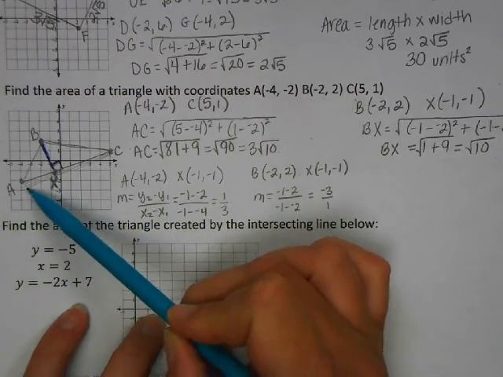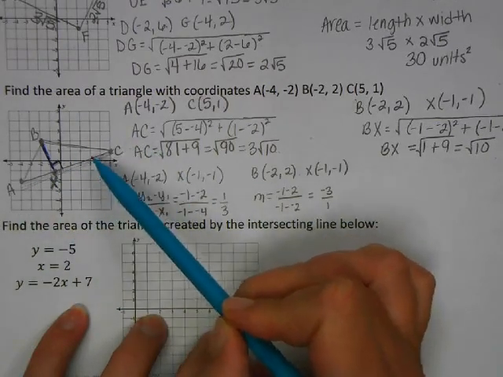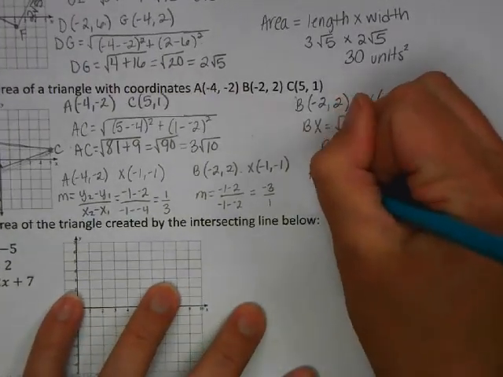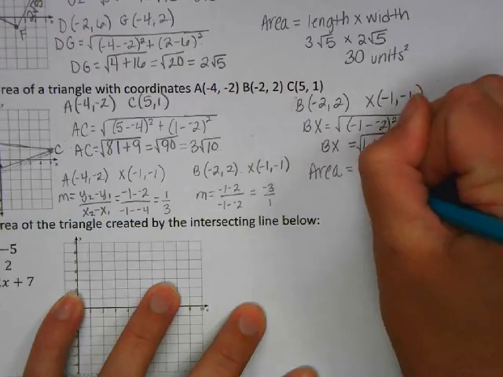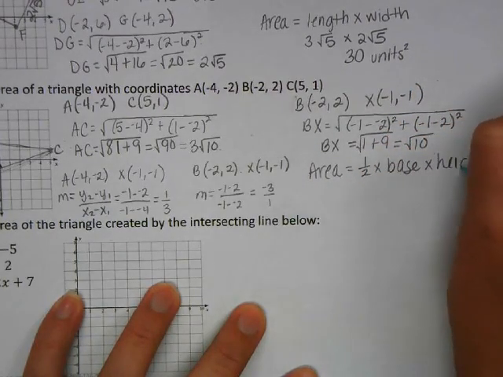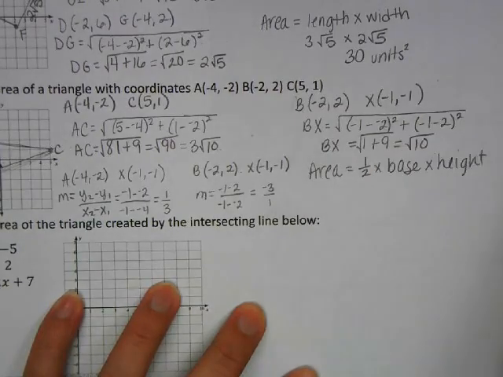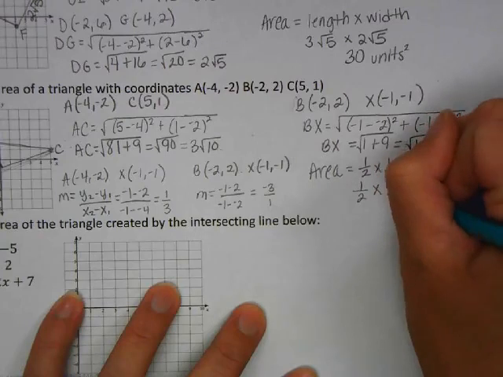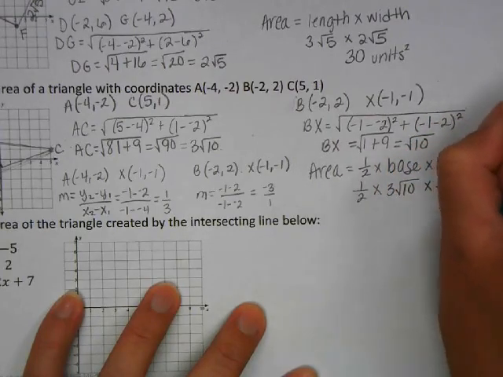So that now allows me to plug those lengths into the formula for the area of a triangle. So remember, area of a triangle is 1/2 times the base times the height, and now I know what the base and the height are. I know the base is 3 root 10 and the height is root 10.